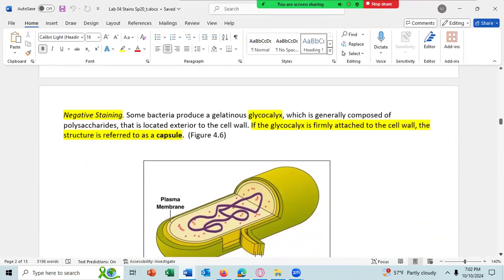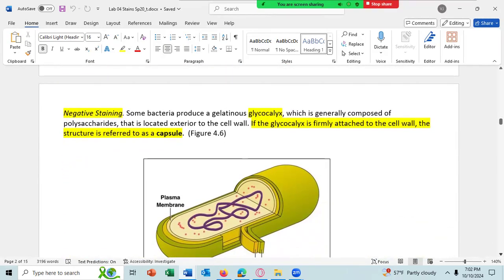All right, let's move on to the simple stain. The first simple stain we're going to take a look at is also called the capsule stain. The glycocalyx is an outer secretion of the cell, secreted by the cell outside the cell wall.